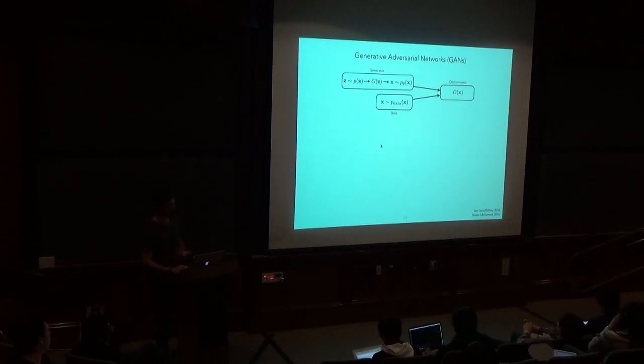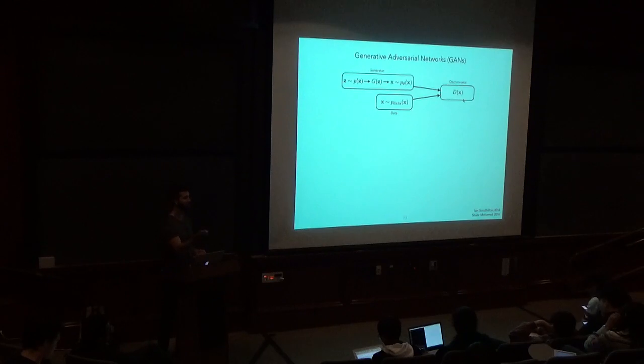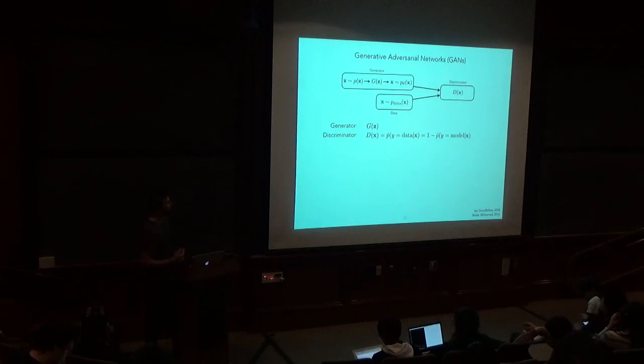Whereas we have our data distribution, which is still the same. And now what we're going to do is feed in examples from both distributions into a separate model called a discriminator, which is going to try to classify was this from the data distribution or not. So we have our generator and our discriminator here, which is just a binary classification.